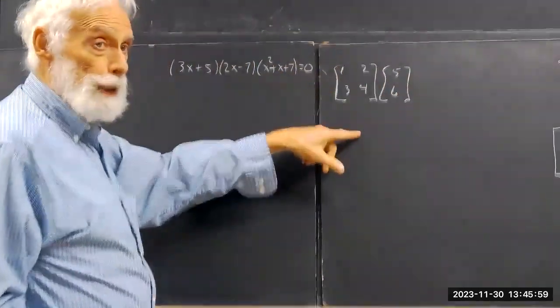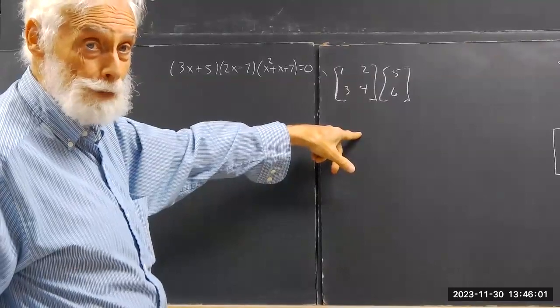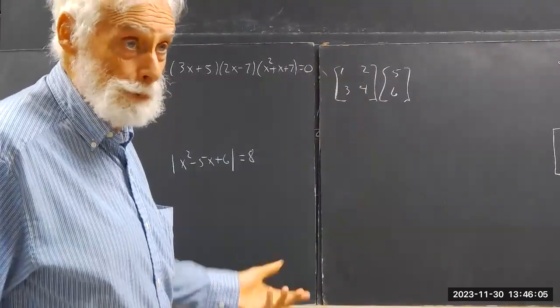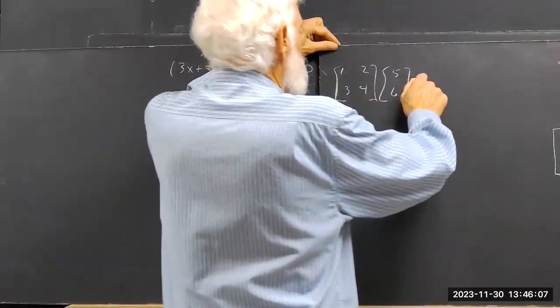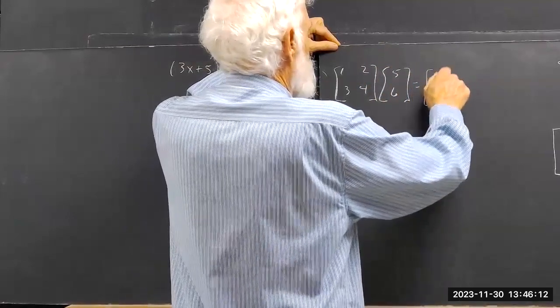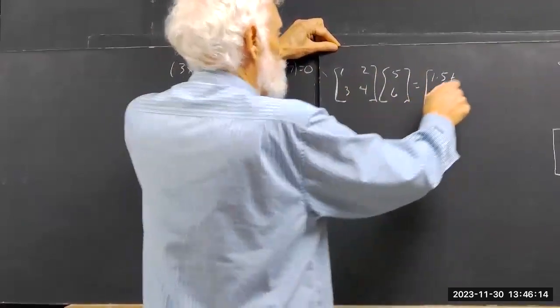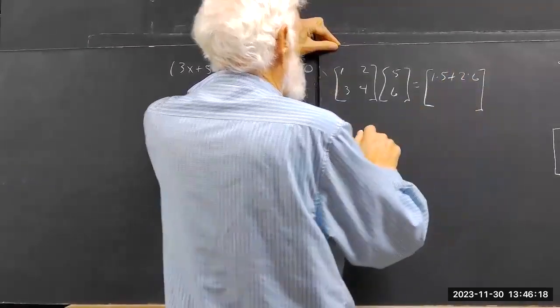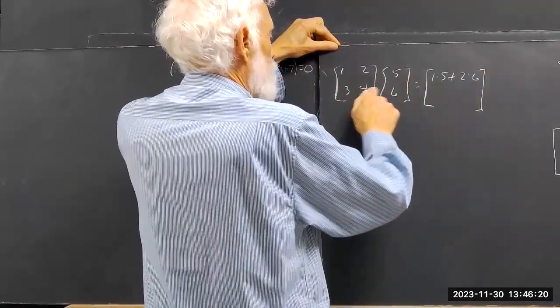Incidentally, note that this is not a transition matrix, it's not stochastic. Columns don't add up to 1. I just use sequential numbers for illustration. What's this? Row times column. 1 times 5 plus 2 times 6. And 3 times 5 and 4 times 6.